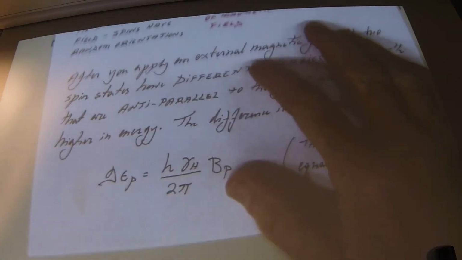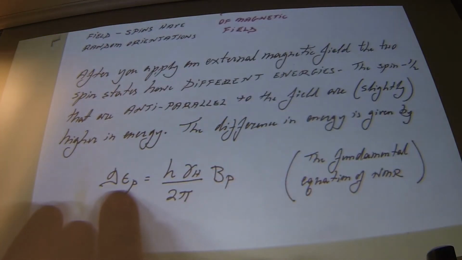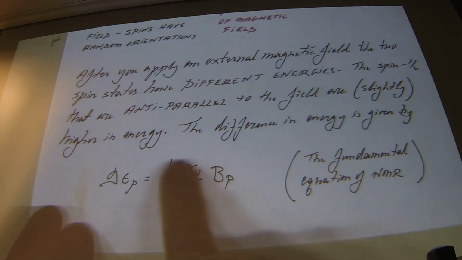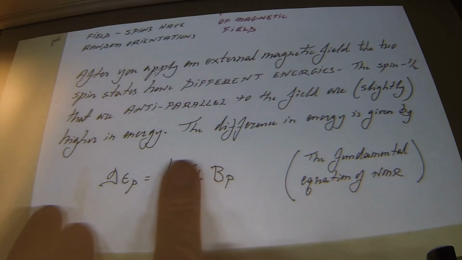Now, because you're looking at a very small number of excited protons, and the energy difference is actually very, very small, you need to magnify it as much as you can. Because of the NMR equation, which is this thing here, it turns out that the difference in energy is proportional to this. All of this is a constant.